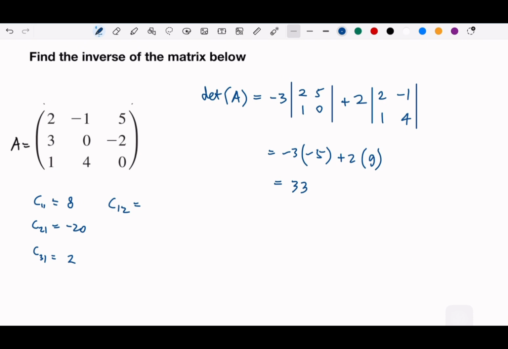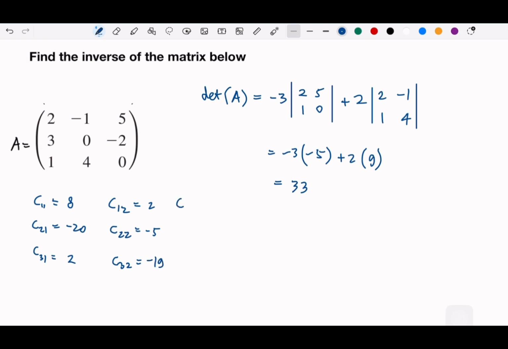Okay, so row 1, column 2. 0 plus 2, so plus 2. 2,2 is minus 5. Minus 4, minus 15, minus 19.